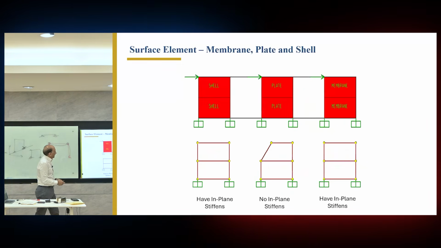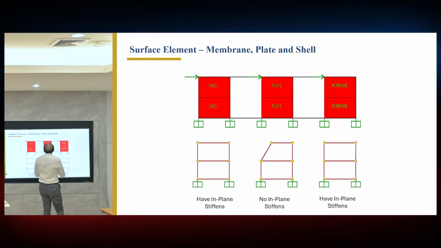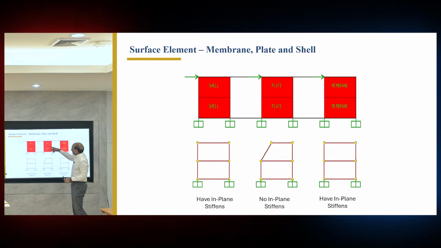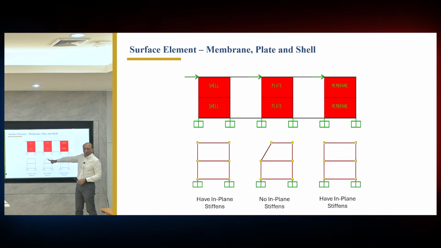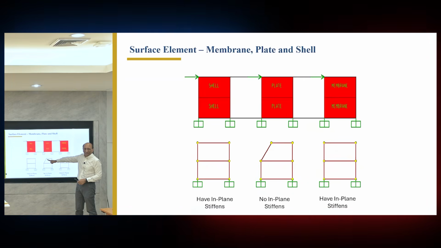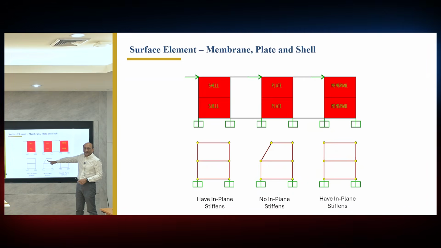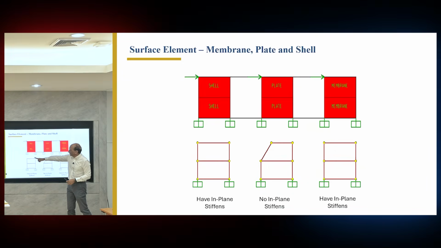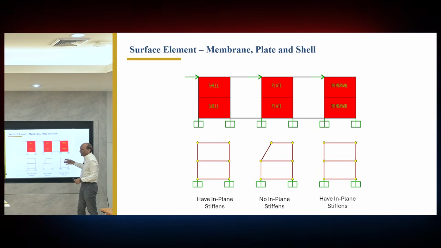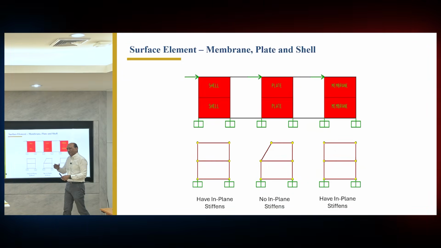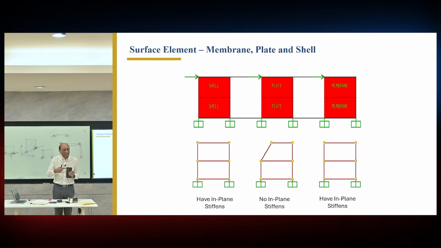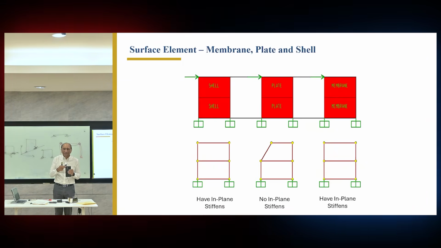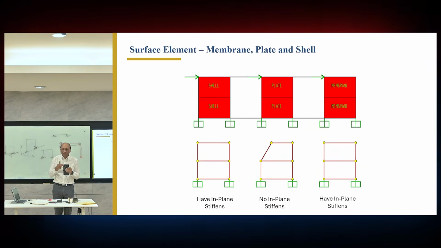Now let's put it the other way. Let's say we have a wall. I use shell, plate, and membrane. Now when I apply the load, the plate just deforms a lot and fails immediately because the plate has no in-plane stiffness. But shell, of course, always works, and membrane works. So when you apply the force in the plane here, membrane and shell will work.